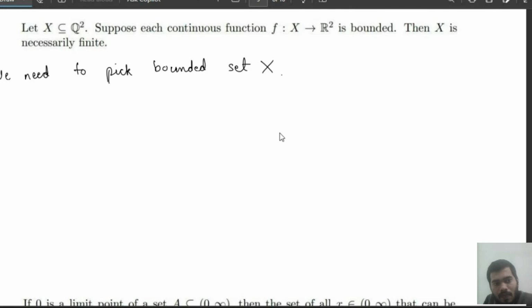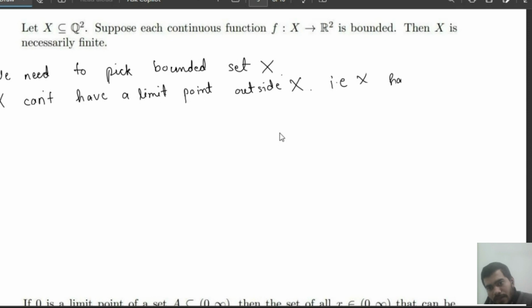Second point, X can't have a limit point outside. That is, X has to be closed. Why? Somebody tell why?